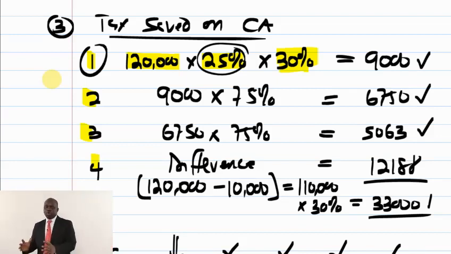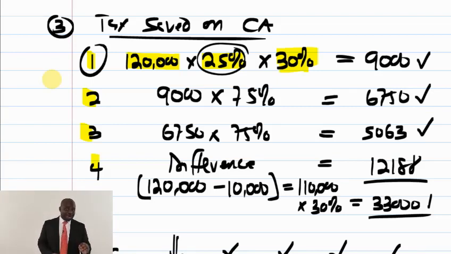From now onwards, when you read the question, ask: when do you want me to claim capital allowance? Do you want me to claim from year 1 or from year 0? This is what your syllabus wants.